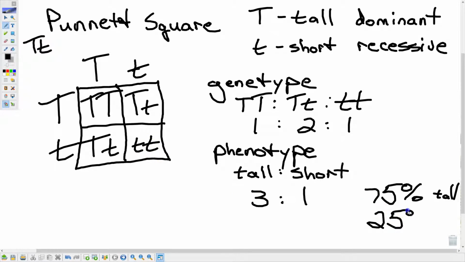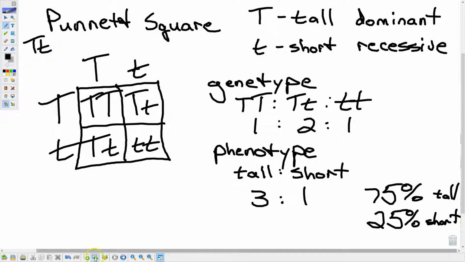It's 25% that they will have a short child. All of these are almost always in terms of 4. You notice those add up to 4. The percentages or the fractions are always in quarters: 1/4, 50%, 75%, 4 out of 4, 100%. It always looks similar to that.